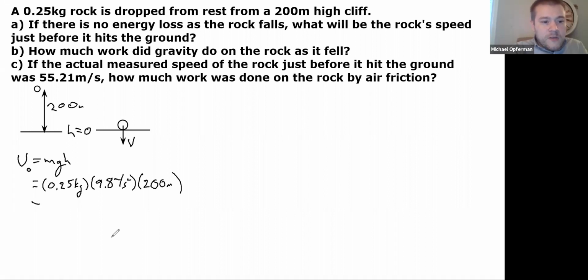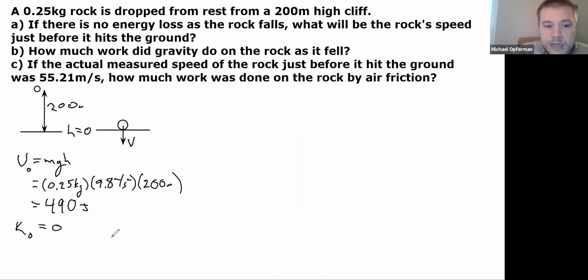And that is, let me go ahead and crunch the numbers, 0.25 times 9.8 times 200 gives me 490. And that, of course, is joules. And the initial kinetic energy is 0.